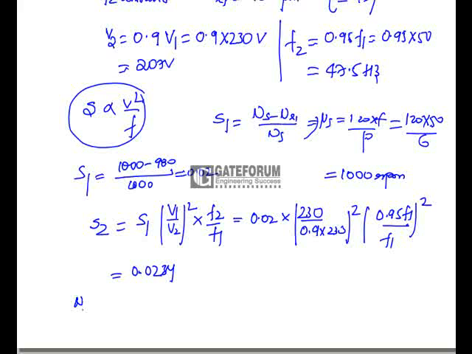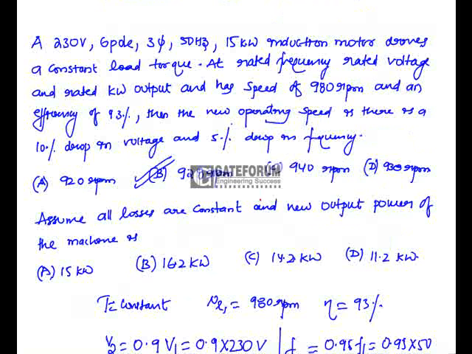So NR2, rotor speed 2, is equal to synchronous speed times 1 minus S2. Synchronous speed ns is equal to 1000 rpm, so 1000 into 1 minus S2, you will get around 928 rpm. That is option B as correct answer.